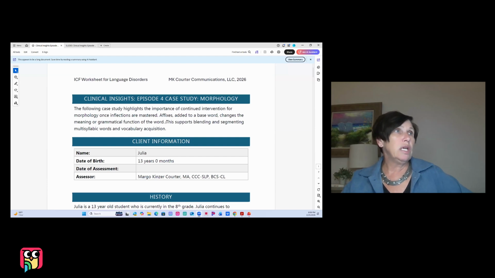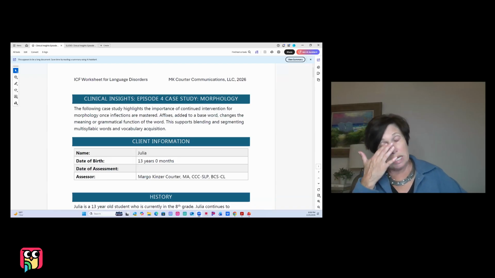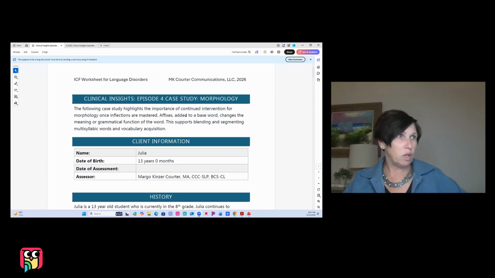So we're going to talk a little bit about this case, and the importance of those affixes at this point is that they change the meaning of the word. They change the part of speech and they change the meaning. Unlike inflections that really just change the quantity, the time, so past tense versus present progressive, or comparison, that -er, -est. So these are actually going to change the meaning of the words.